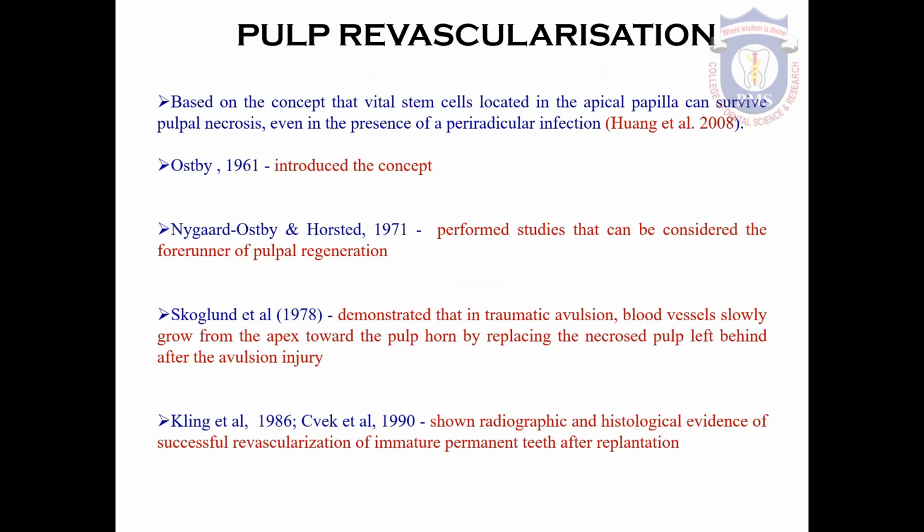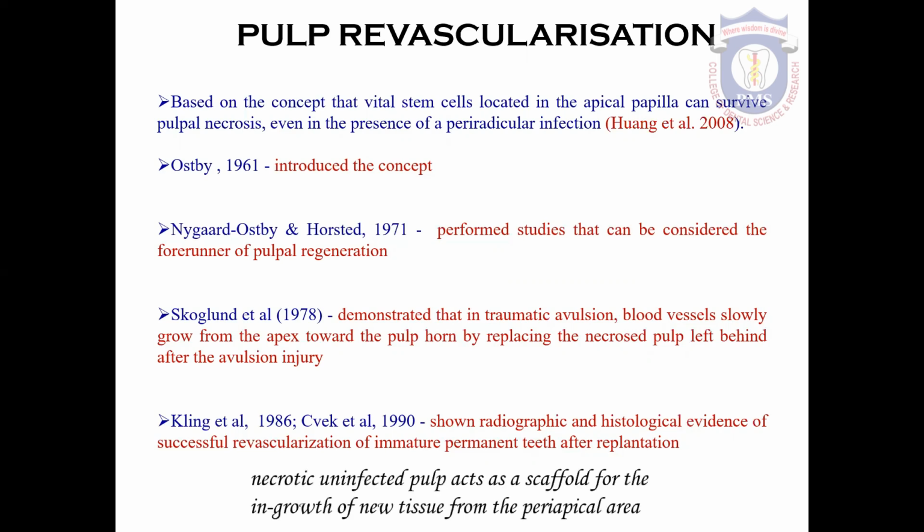Ostby introduced this concept, and histological evidence of successful revascularization of immature permanent teeth after reimplantation has been reported by many authors. Here, the necrotic uninfected pulp acts as a scaffold for the ingrowth of new tissue from the periapical area.